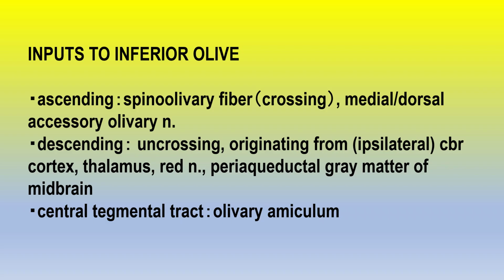Descending inputs are uncrossed, with fibers originating from the ipsilateral cerebral cortex, thalamus, red nucleus, and the periaqueductal gray matter of the midbrain.